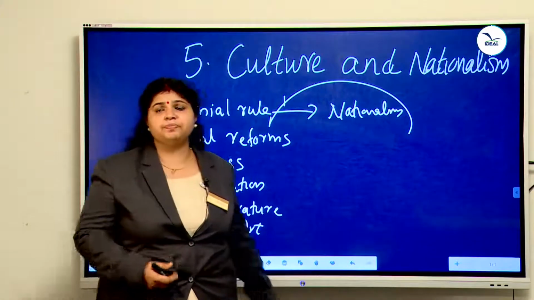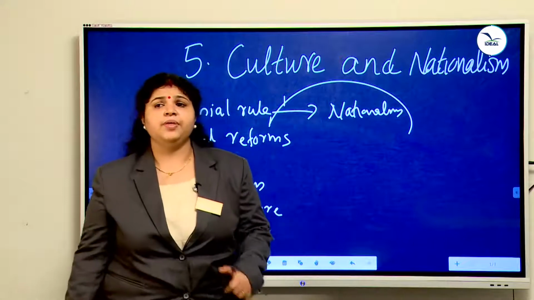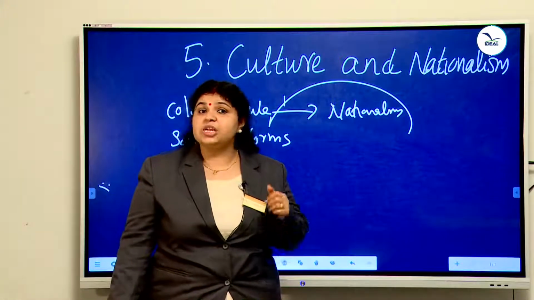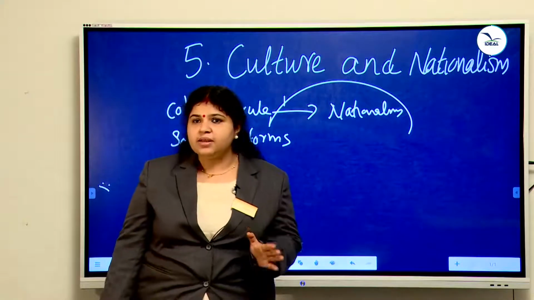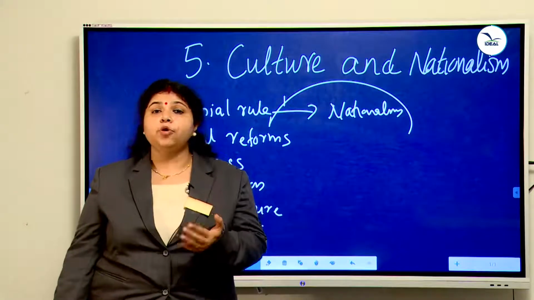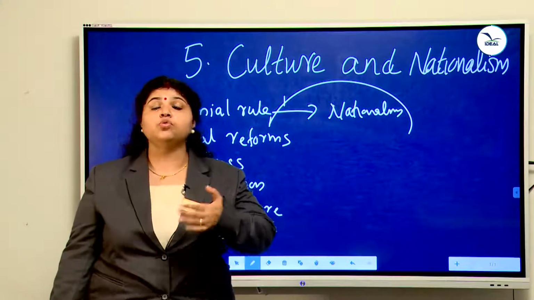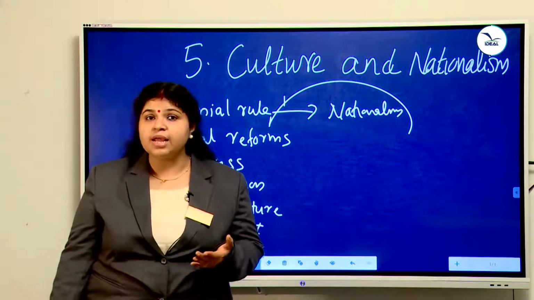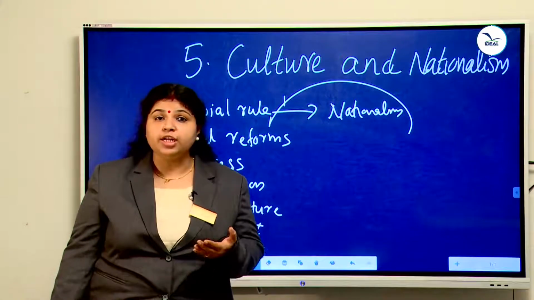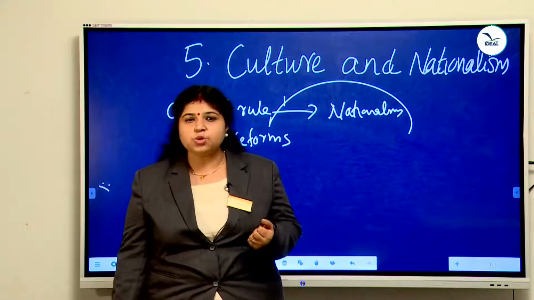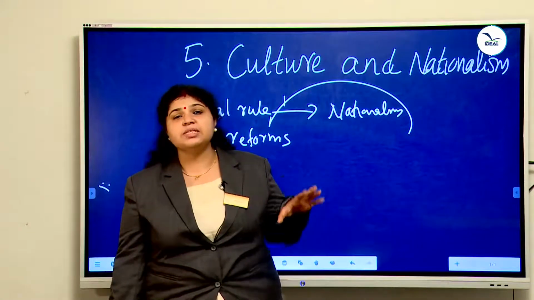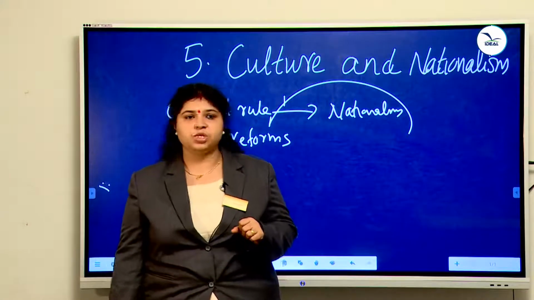So education, see my dear students, the field of education witnessed two types of conflict. Okay, what happened is that socially, economically, politically, British tried to rule India. Same time, socially, economically, politically, India tried to gain independence from the British. Actually, this conflict was more visible in the field of education.